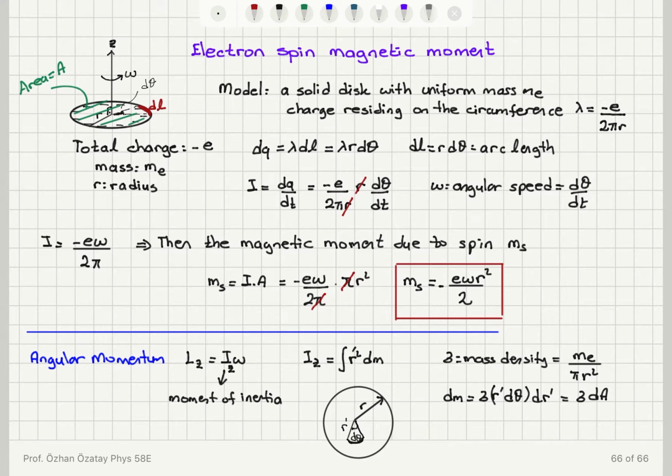If you also go a distance dr prime here, this is going to be your area element dA. So this is dr prime, this is r prime d theta, so r prime dr prime d theta is the area element.